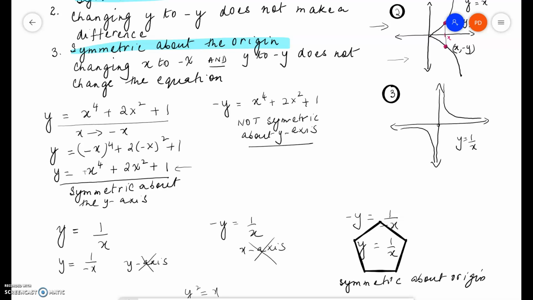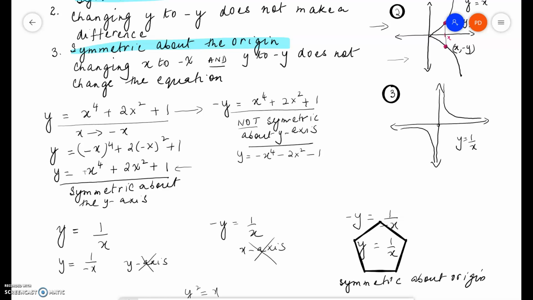Let's take the same equation and change y to negative y. The entire equation changes. So what happens is, if we took negative on both sides, it would become y equals negative x to the 4th minus 2x squared minus 1.